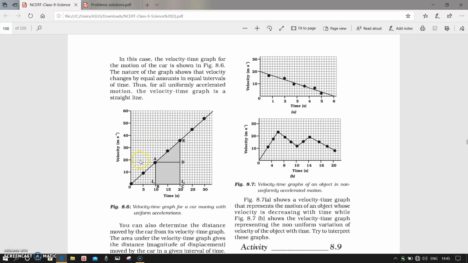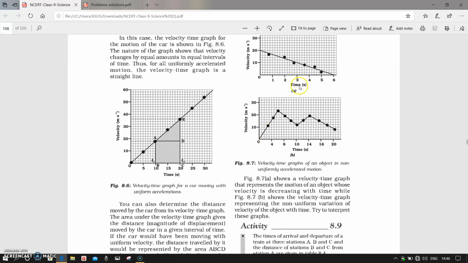If it is a speed time graph, you can find the distance. If it is a velocity time graph, you will find the displacement. All these are for straight line motion only. We have been doing things only for straight line motion most of the time. So this is the velocity time graph for non-uniformly accelerated motion. This graph can look like anything, but it is not always the same.